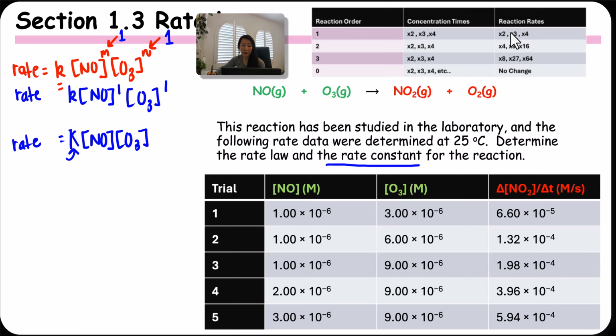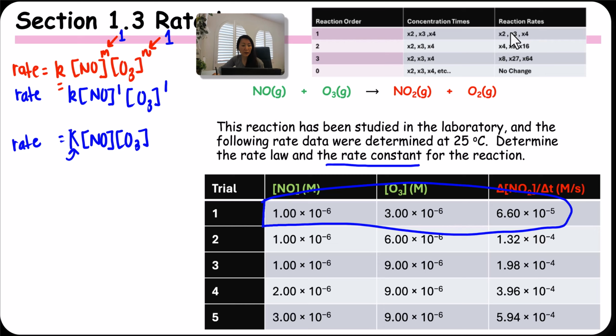How do we find the rate constant? You're going to go ahead and choose any table values here. I'm going to just choose the first one for now, okay? So say I chose the first one, I'm going to insert all of these values into the rate law equation to find k.